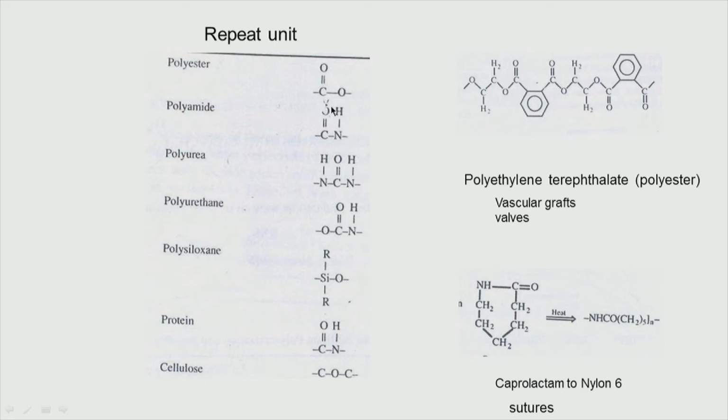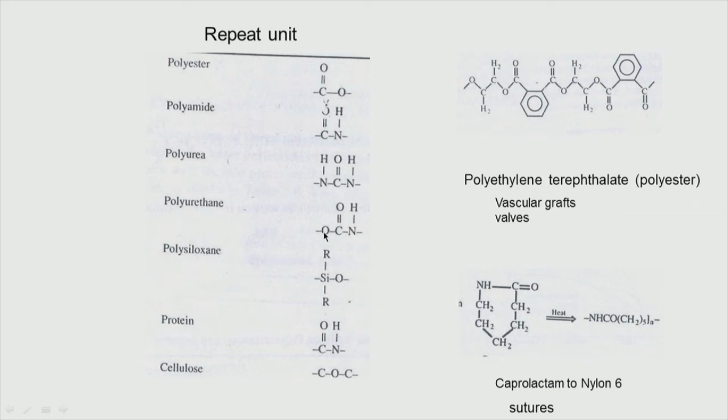Please note the amide bond in the protein also has a C double bond O, NH or NH2, and some other functional group like aliphatic and so on. Polyamide, protein. Polyurea, look at this. You have C double bond O in the middle of 2 nitrogen amines here.